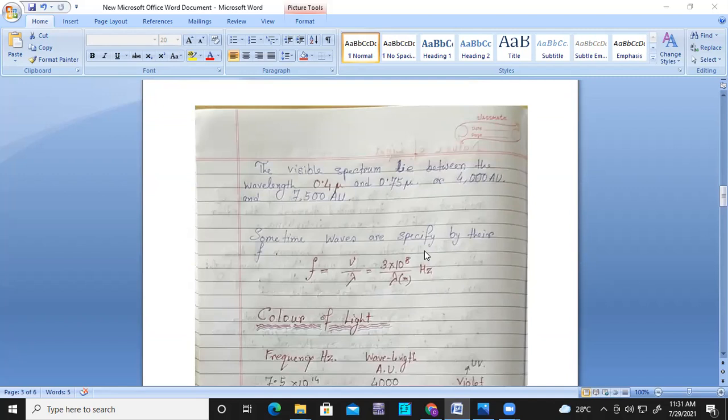So the frequency is the velocity divided by the wavelength. Wavelength is lambda. Velocity of visible light is 3 into 10 to the power 8 meter per second, and lambda is the wavelength in meter. So it will be given in hertz.